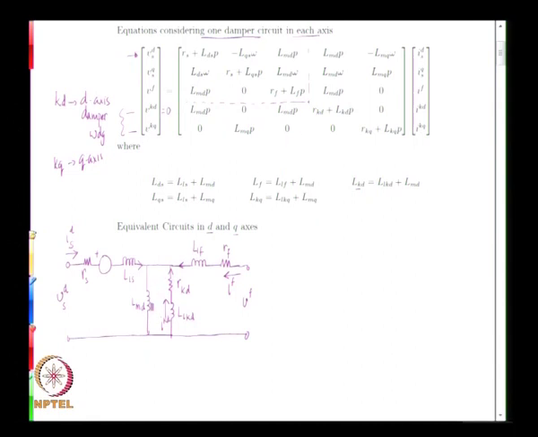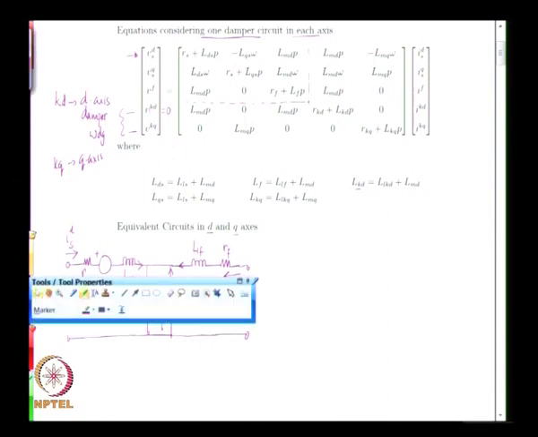So, this loop accounts for this equation. Similarly, if you take this loop, it accounts for the first equation, and if you take this loop, it accounts for the field equation. So, this equivalent circuit is able to represent the first equation, second, the third, and this fourth.